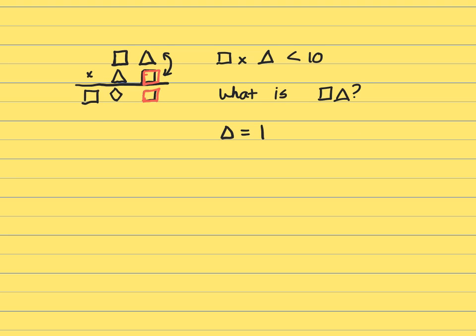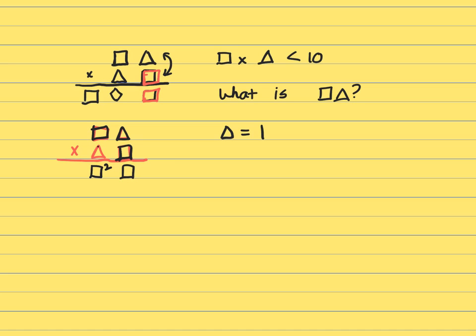Now let's look at how you do this multiplication. Square times triangle, triangle times square. We know that square times triangle, since triangle is 1, is going to give me a square. And square times square would be that to the second power.